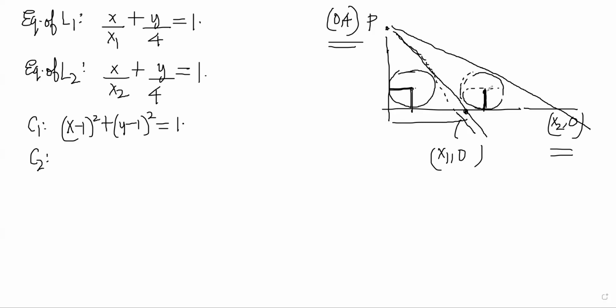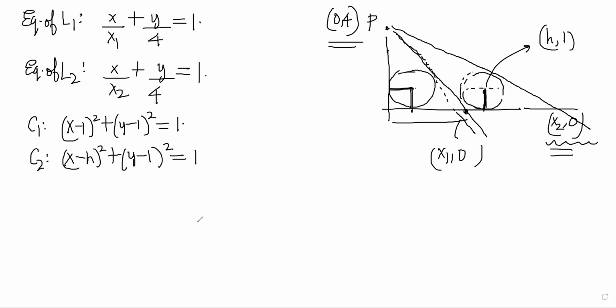So the center must be at a height of 1 from the x-axis, right? So therefore, the center of this circle has to be some h comma 1 and the radius is 1. So it will be (x minus h) whole square plus (y minus 1) whole square equals 1, right? So these are the two circle equations. And now we have to figure out how to find this point, right?